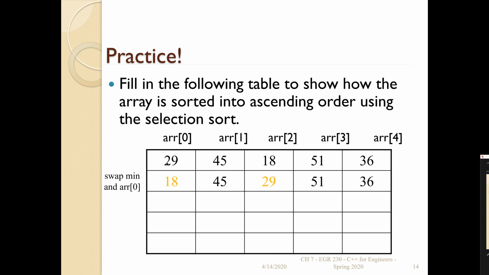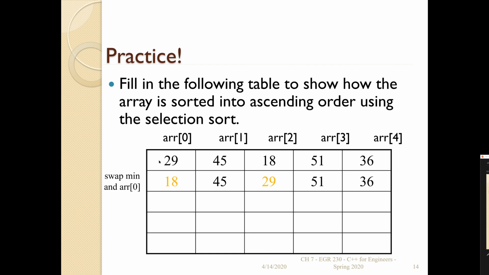Okay. The way this algorithm works, selection sort, what it does is it makes a comparison between these items. It finds the minimum item of this row, and it takes that minimum item. So in this case, the 18 is the minimum one.